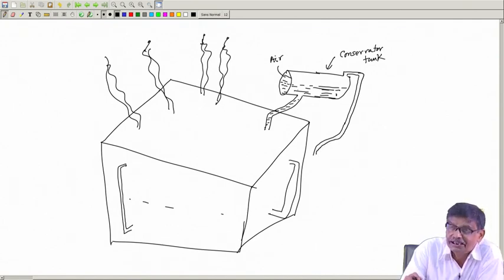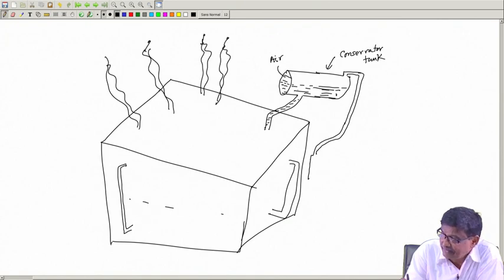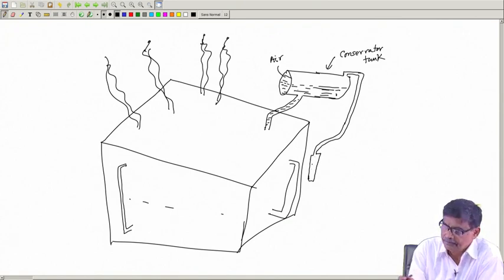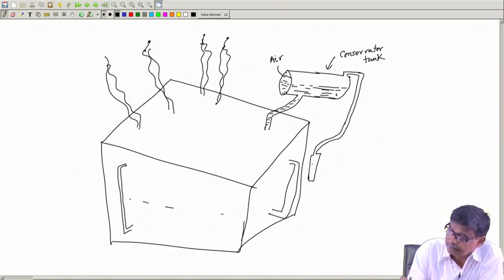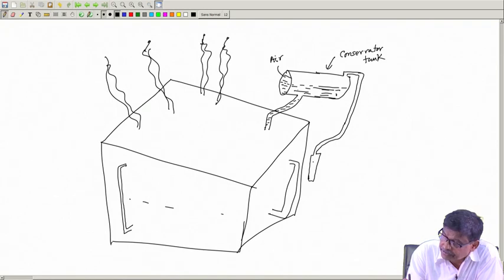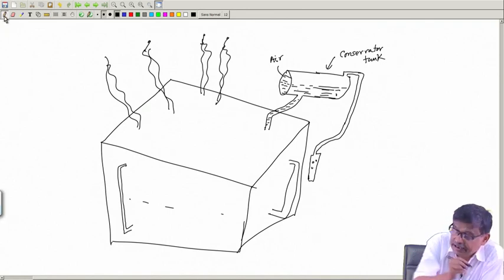Level of oil will change as degree of loading will change, and here is a sort of small vertical vessel like a bottle. Here there will be perforations and this will be filled up with a material called silica gel.